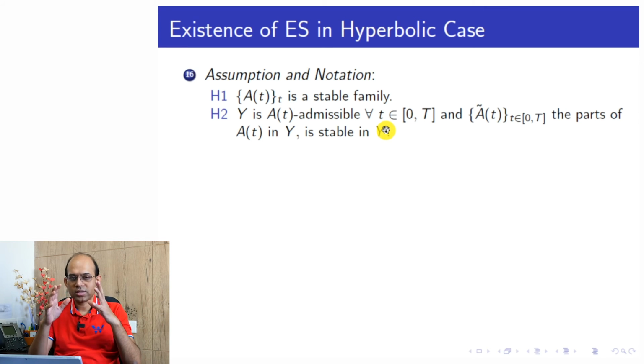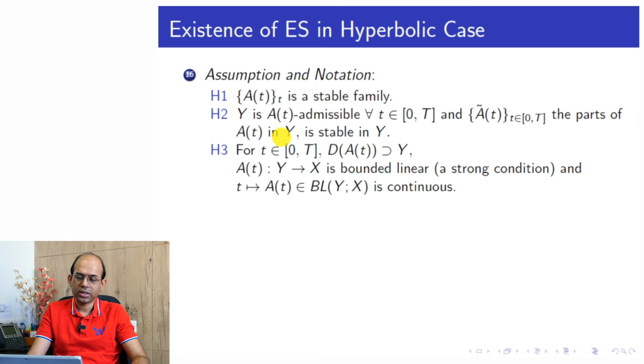So H1 says A(t) is a stable family, H2 says that even its part in Y is also stable in Y, and Y is A(t)-admissible. The third condition is that for every non-negative time, up to capital T, Y is included in the domain of A(t), for whatever time you have, the whole horizon here.